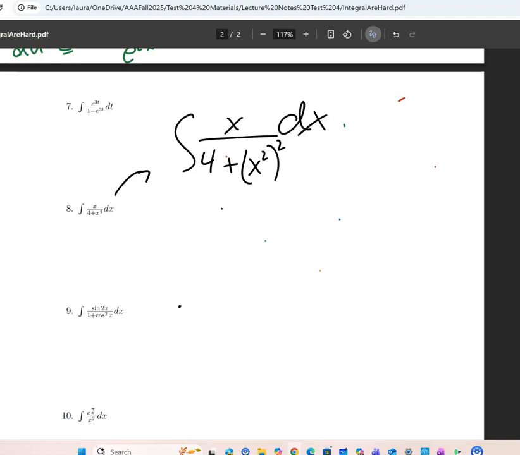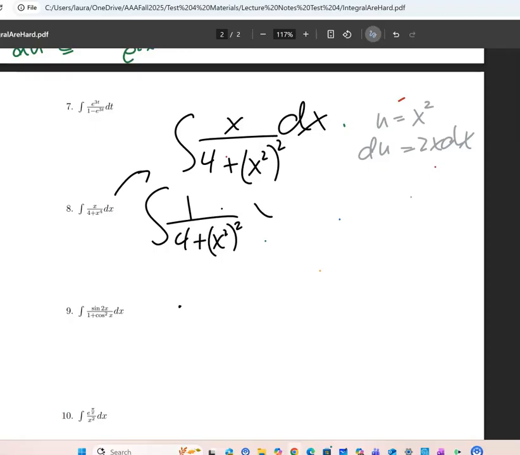Then let u equal x squared. du is 2x dx. Take the time to separate it: x dx over (4 plus x squared) squared. I'm thinking x dx can be taken out and I could put in a 1/2 du.